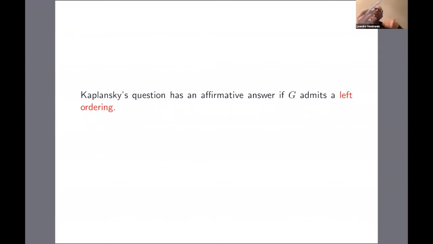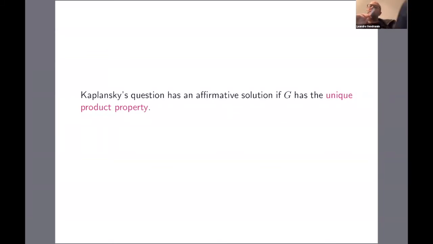So what you are using is not an abelian group, but the existence of a left order. That's nice. But if you go again to this proof and go even further, then you can generalize this. You can prove that Kaplansky's question will have an affirmative solution if G has a super crazy property known as the unique product property.